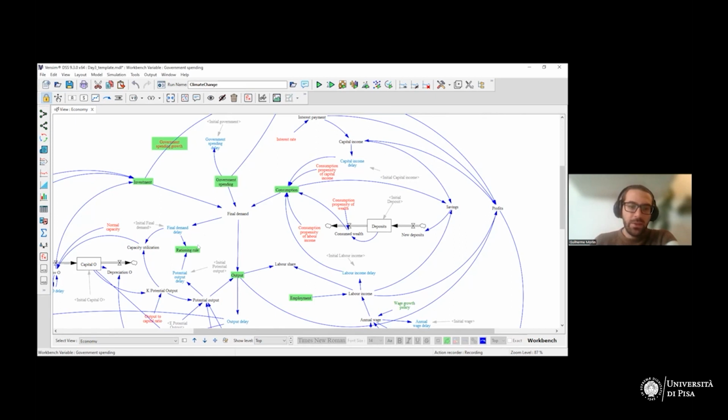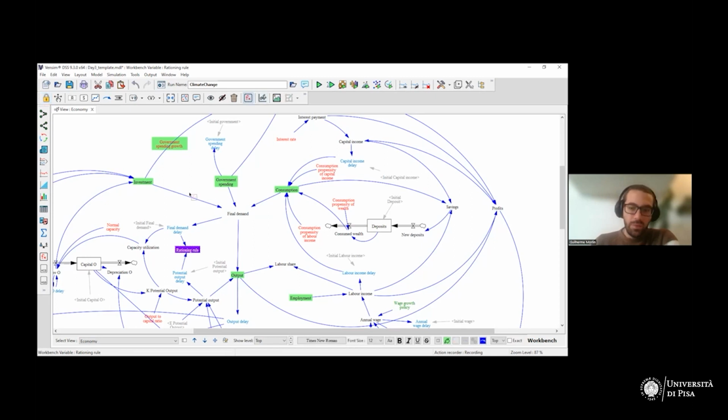If I want the rationing rule to affect these variables, but I know that these variables are causing the final demand contemporaneously at the same time, then I could have a circularity if I use the final demand for the same period, right? So I need to use a delayed value in order to not have a circle in the terms of causality. Otherwise I would have a problem and the model would not run.